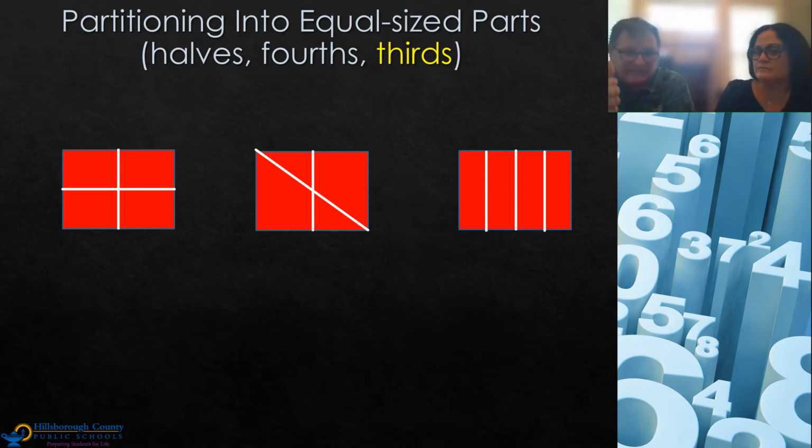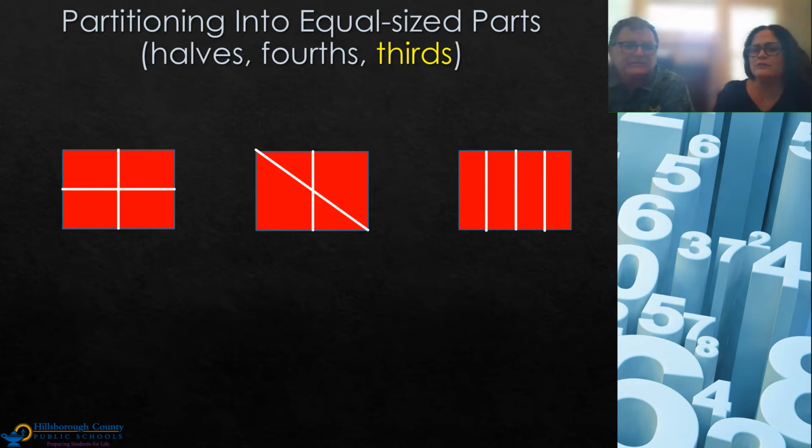And again, I see those mirror images of each other. So I know that's another way to take that whole and partition it into fourths. So the one on the far left and the one on the far right are partitioned into 4 equal parts, and the equal parts are mirror images of each other. They're the same size, same shape. Correct. They show congruency.